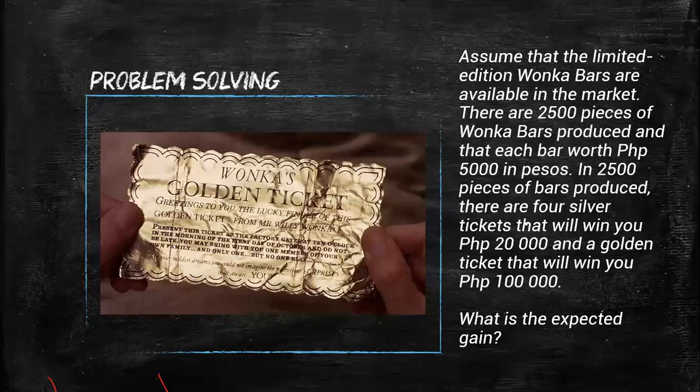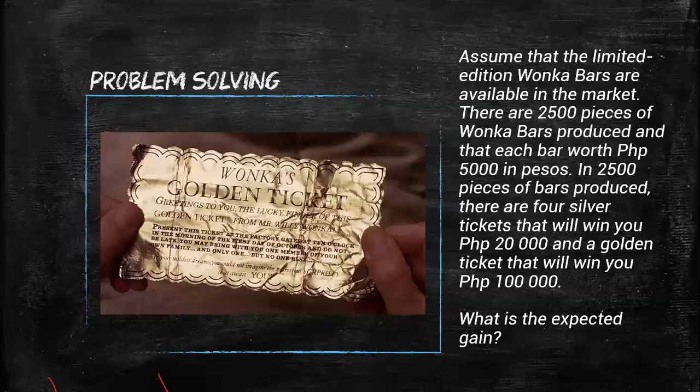So aside sa 5,000 yung each Wonka bar, may promo doon. Okay? Na kung saan pag makuha mo nga daw yung silver ticket, i-exchange mo siya for 20,000. Itong golden ticket, 100,000 pesos naman siya.